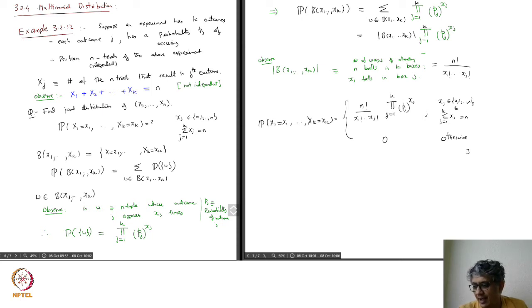And then I compute the joint distribution of x1 through xk. So even though the trials are independent, if we were to count the outcomes of each type, they become a very dependent sequence of random variables, and this gives rise to what's called the multinomial distribution.